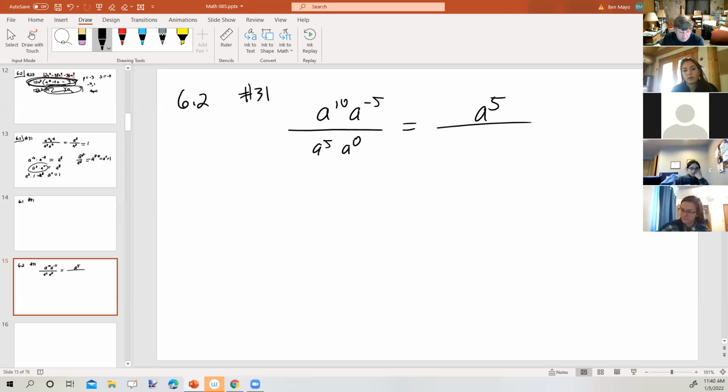So a to the 5th power. Okay. All right with that? Okay. In the bottom, multiplying two powers with the same base, add the exponents. So again, we either get it this way, or you could say a number divided by itself equals 1. So the final answer is just 1. You all right with that? Okay, excellent.